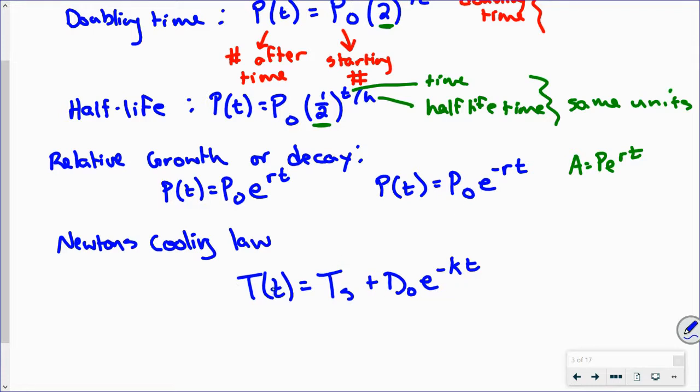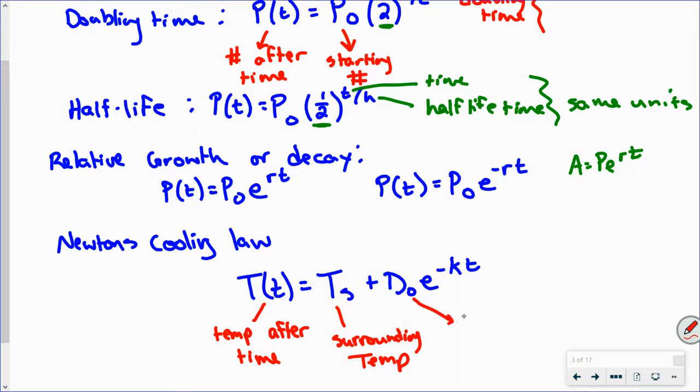So T of T is your temperature after time. TS is your surrounding temperature. That's just the temperature of the air around. D naught equals your starting temperature minus your surrounding temperature.